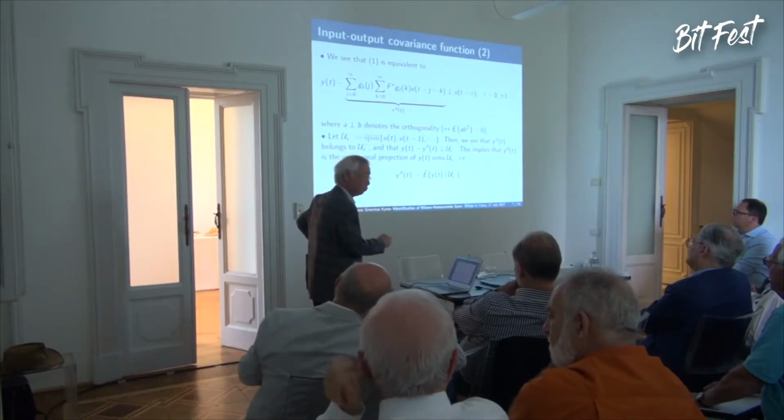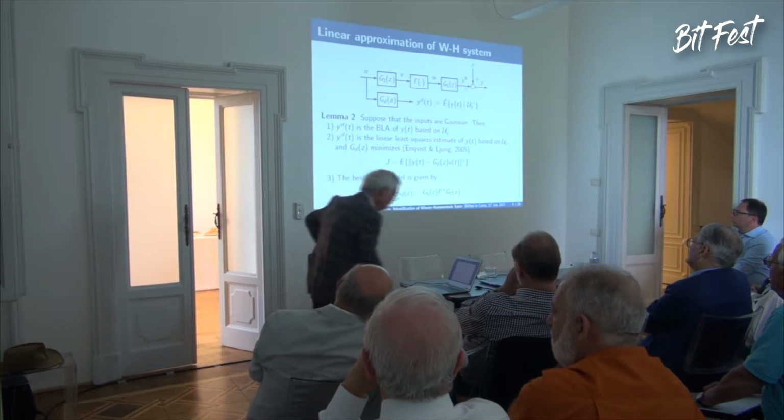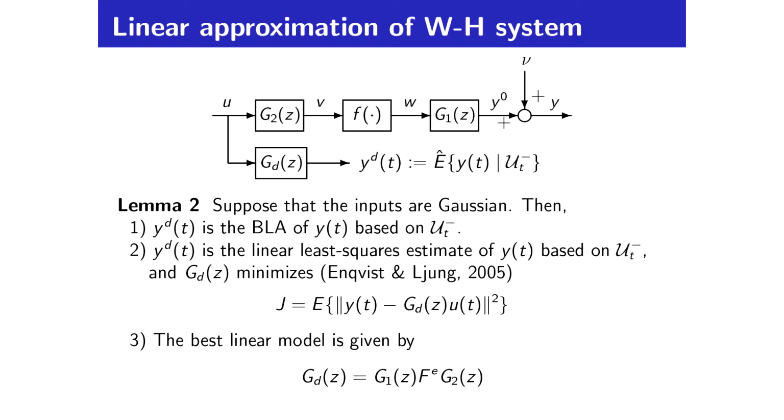Of course, tau runs from minus infinity to infinity, but this is a causal function, so we can express it this way. So, summarizing, suppose that the inputs are Gaussian, then yd is the best linear approximation of yt based on the past inputs.